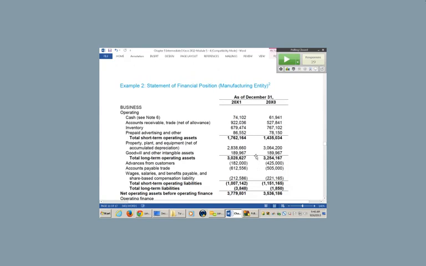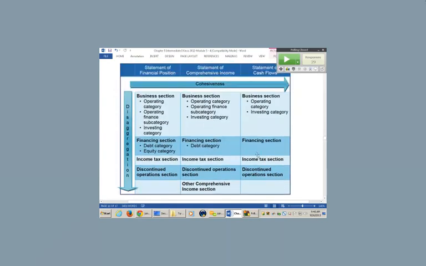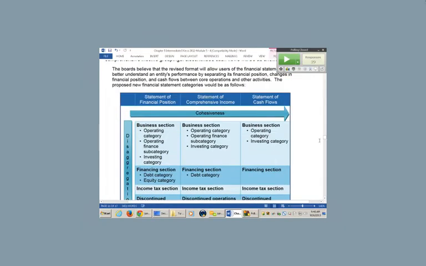Again, there is a movement to do this, which I think would probably happen later than sooner. I think it makes a lot of sense to have everything line up so you could track assets against the income that's generated from those assets and then the cash flow that's generated from that income.